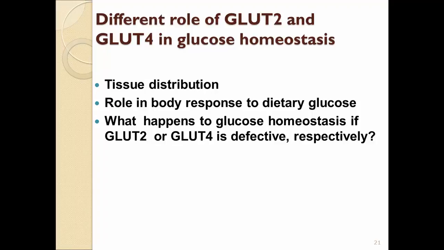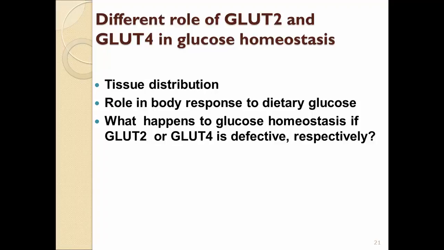role in the body's response to dietary glucose. So for example, GLUT2 in the beta cell in the pancreas responds to the high glucose level after a meal, right? And the role of GLUT2 in beta cells is mainly to take up glucose, right?